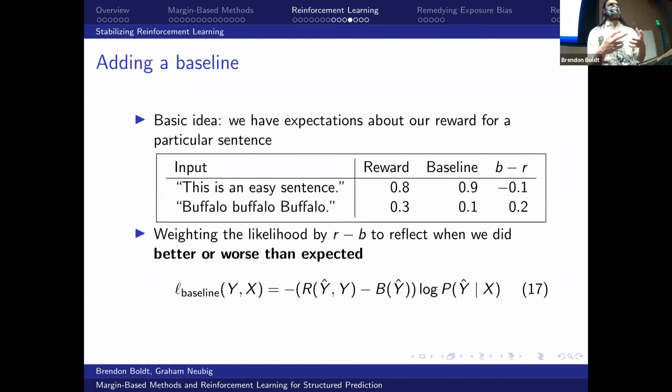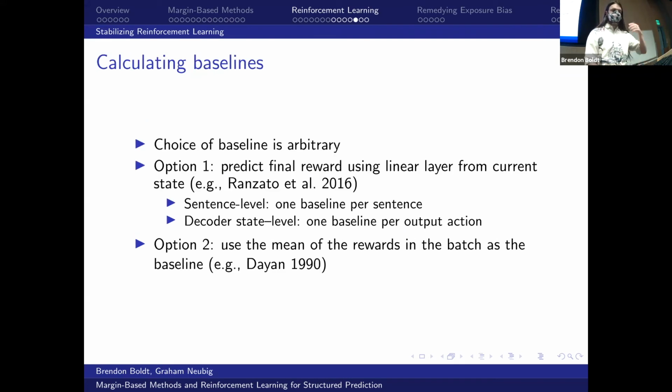So generally speaking, the model parameters are in the right place. And this is what your objective looks like. It's very similar to your policy gradient objective, but now it's in terms of your baseline. The choice of function for a baseline can vary pretty widely.